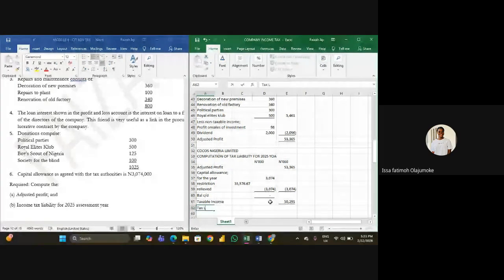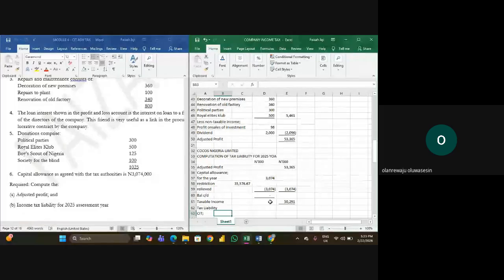Yes ma. Sorry, I have a question. This restriction, I don't really understand where it's coming from. Remember that in capital allowance, your capital allowance that you are going to relieve must not exceed 66 2/3% of your accessible profit.